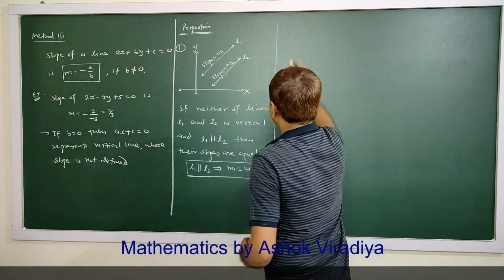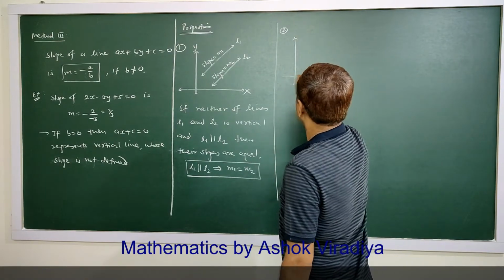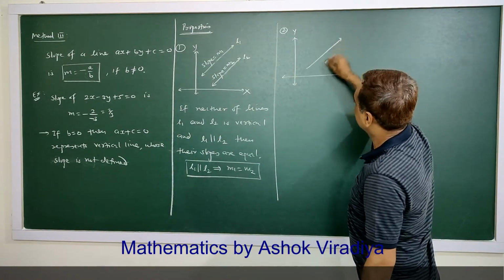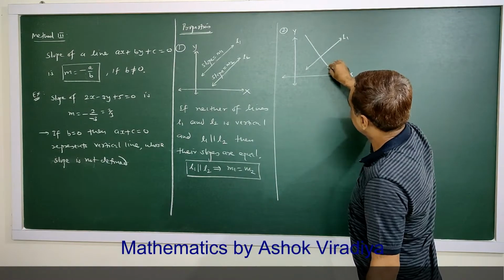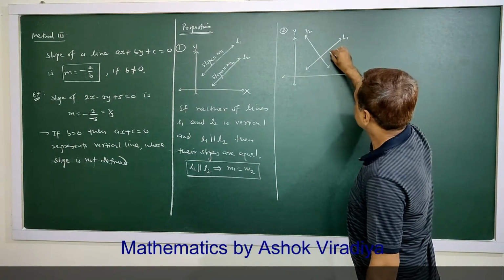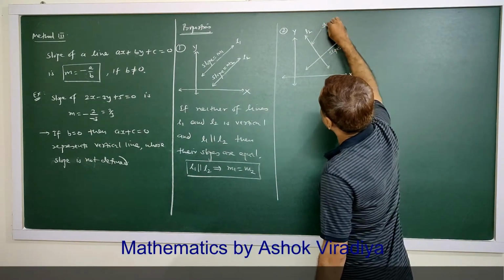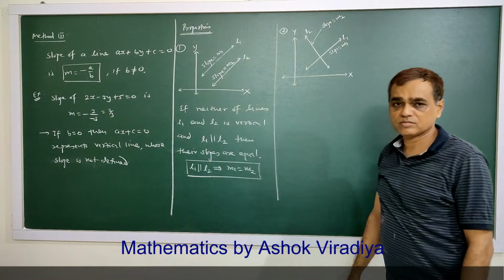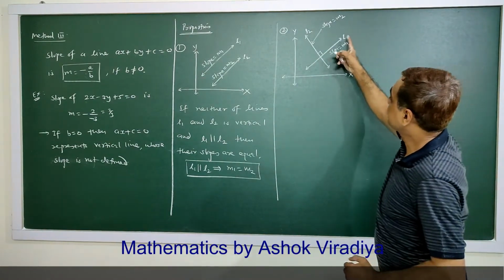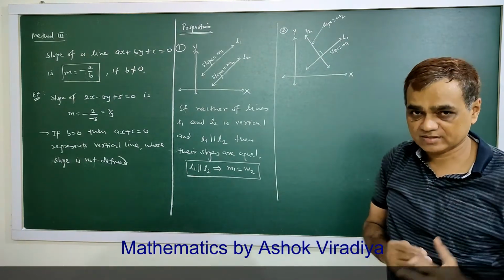Then the second result. Here x, here y, if two lines L1 and L2 are perpendicular to each other, with the slope of L1 being m1 and the slope of L2 being m2, then the relation between m1 and m2 is that their product is always minus 1.